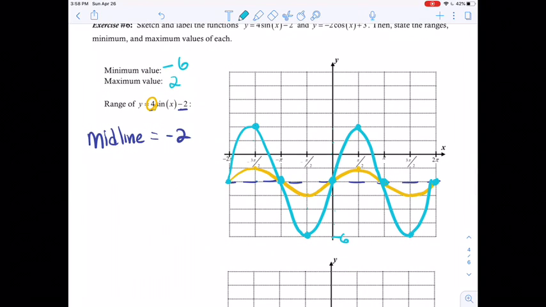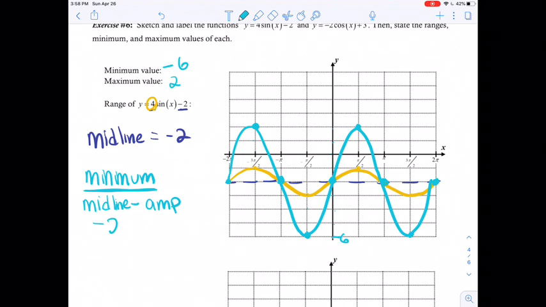Okay. If I didn't have a graph, because I'm not always going to have a graph with me when they ask me for my minimum and maximum here, what you can do is, to find the minimum, what we really did was we took our midline and subtracted the amplitude, right?